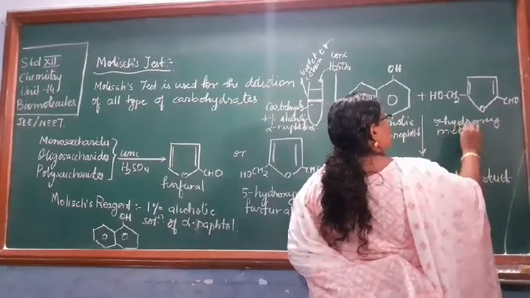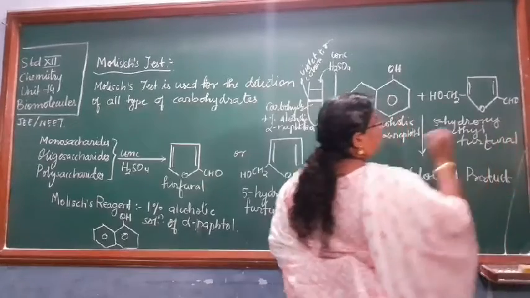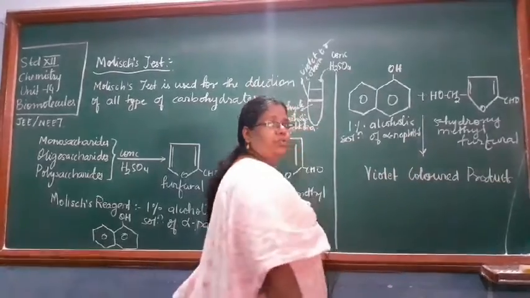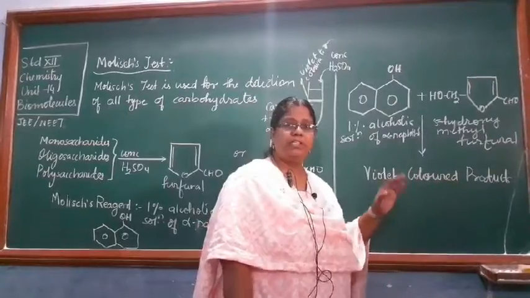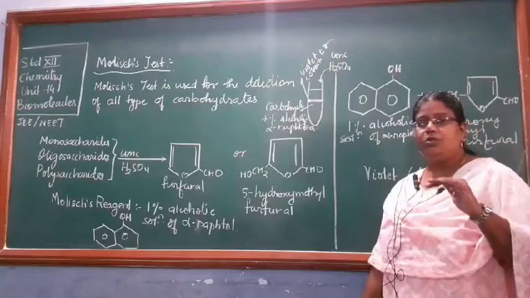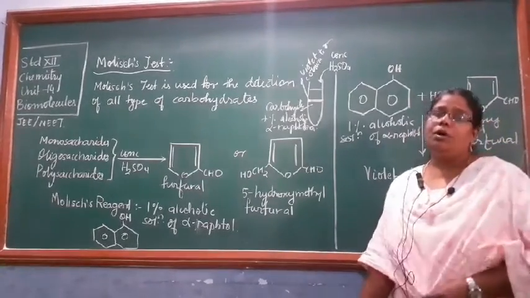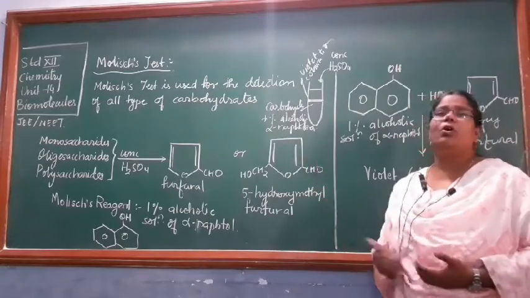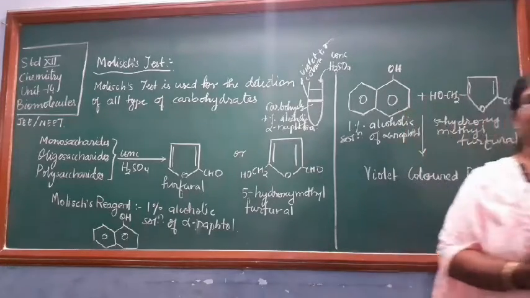Followed or not? Now, this mixture, in presence of concentrated H2SO4, gives violet colored products at the junction of the two solutions. So, at the junction you will find these violet colored products indicating the presence of carbohydrate. This is what we call the Molisch test. Okay, so note this down.